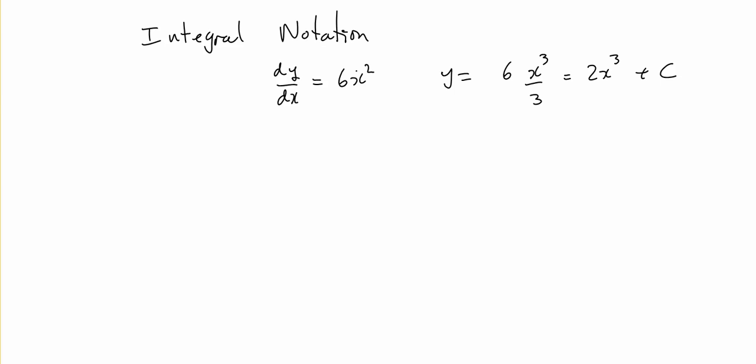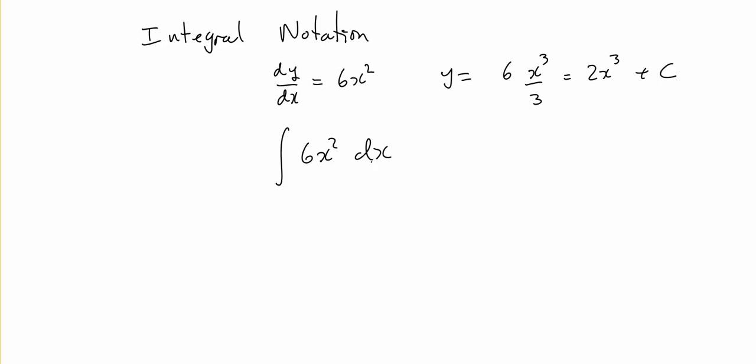As well as saying dy by dx is 6x squared, to integrate we can use this symbol here, which is actually an elongated S, an 18th century S, which stands for sum.